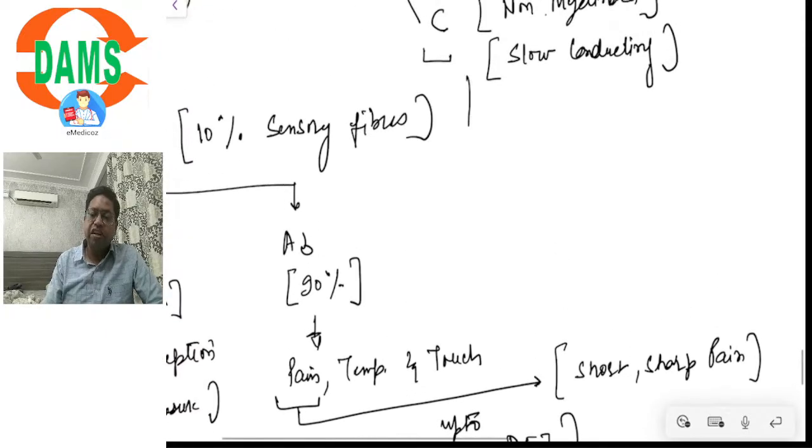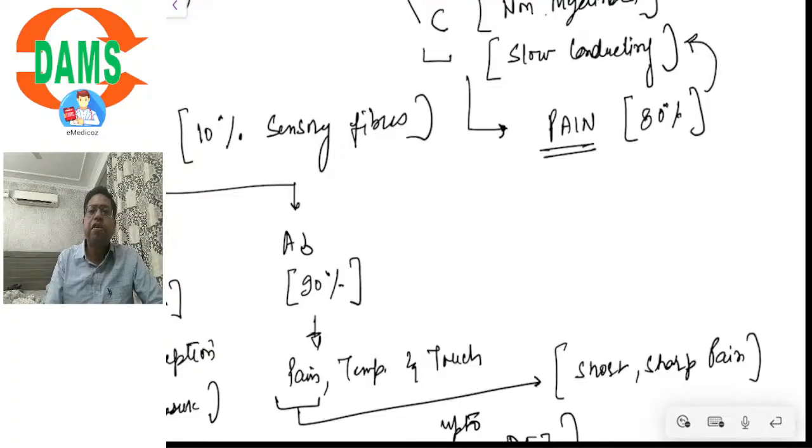The C fibers, on the other hand, carry the sensation of only pain. 80% of the fibers in the dental pulp are non-myelinated C fibers, and only 10 to 20% are A fibers.